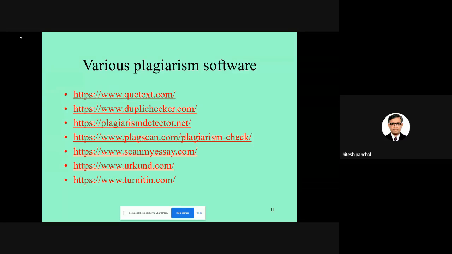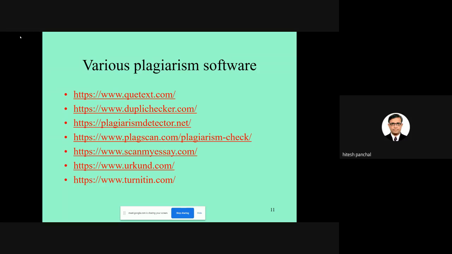So next time, if you search the same text in other plagiarism software, it will show that these texts are plagiarized, and you will find the source from that particular plagiarism software. So I am requesting you never to go to such open access plagiarism software due to the repository issue.